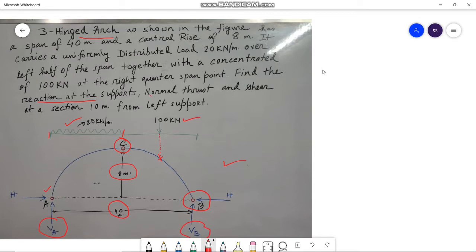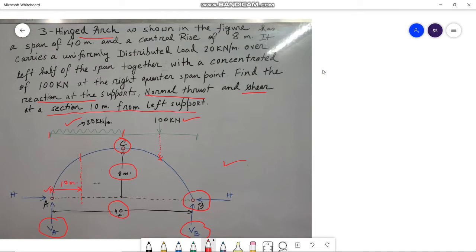along with the normal thrust and shear at a section 10 meter from the left support, that is somewhere between here. So we have to take a section where all the necessary calculations are to be done, and this section is situated at a 10 meter distance from the left support.